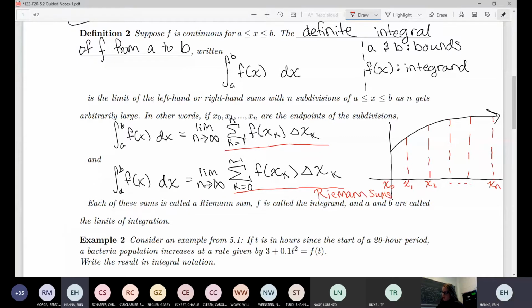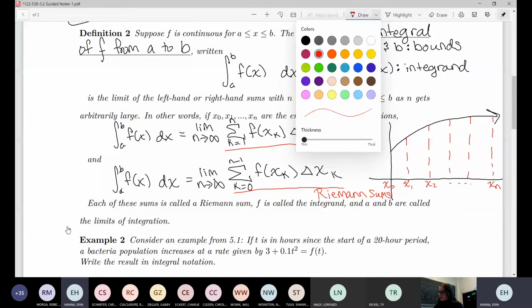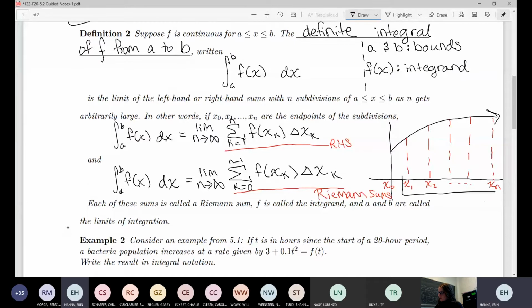Let's see, the top one is the right-hand side. Because if you think about it, if we're going from 1 to n, that's essentially telling you that you're taking these values to be the heights. So that f of x whatever is the height, and the delta x is the width. So that is essentially a height times a width.